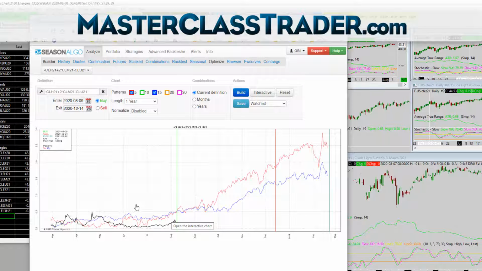We've covered seasonality in the advanced spread trading course in different lessons, so I won't go into that. But this chart shows us the seasonal trend for this spread. And I find it fascinating. I find it fantastic. This is almost a perfect example of why you would trade seasonal spreads.